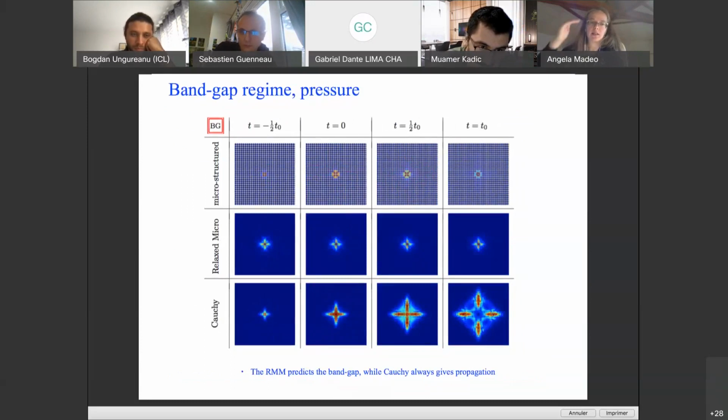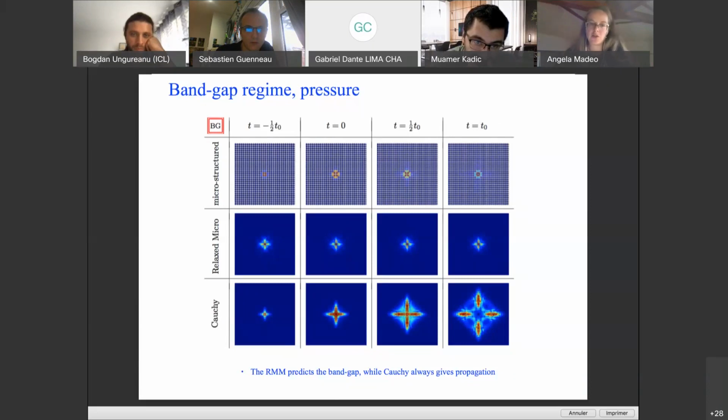But when we get higher in frequencies, namely here for the bandgap frequency, we see microstructured and micromorphic give you the localization. So the signal is not transmitted, it doesn't travel in the medium. While for Cauchy, you can see you always have propagation because you have straight lines at any frequency.